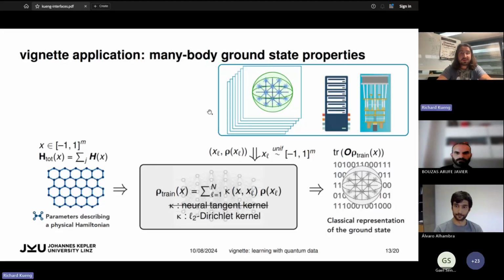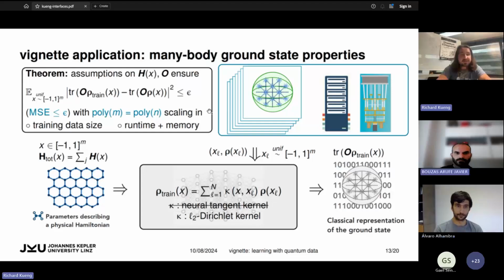And I don't want to go into details, but the main theorem that we came up with 2 years ago is under strong physical assumptions on the underlying Hamiltonian and some scalability and locality assumptions on the classical observables we care about, namely locality. We could prove that this learning strategy actually works in a machine learning sense, in the sense that you achieve a small mean squared error over the distribution from which you sample the test and the training data.